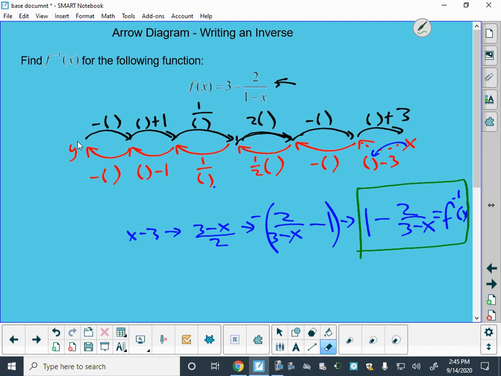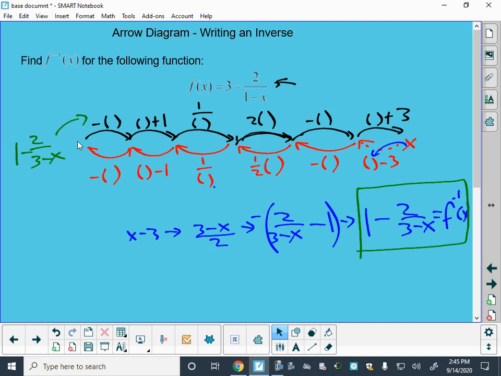My y, I said, was going to be 1 minus 2 over 3 minus x. And if I then follow the arrows across the top, by the time I get down to the other end, I'm going to be back to x, and I know that because the arrow diagram proves it in the first place. So the arrow diagram is its own proof of the fact that this is the correct inverse.